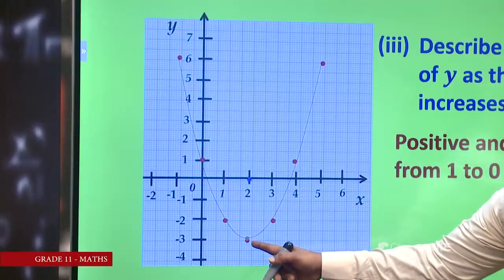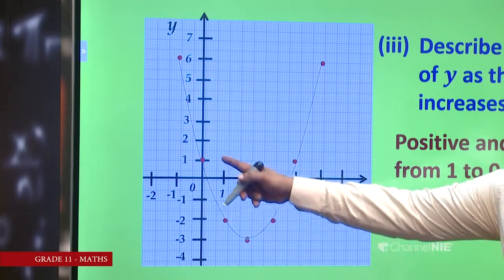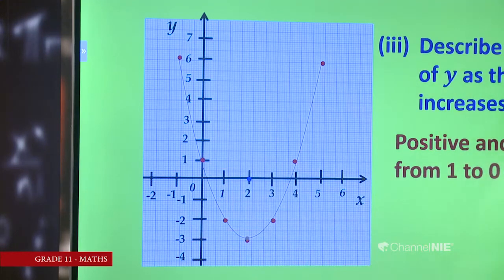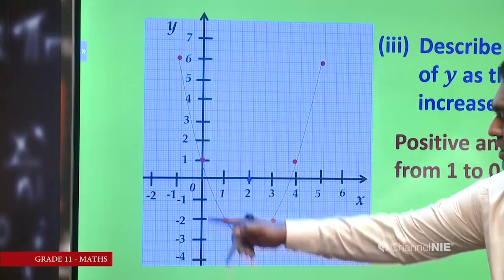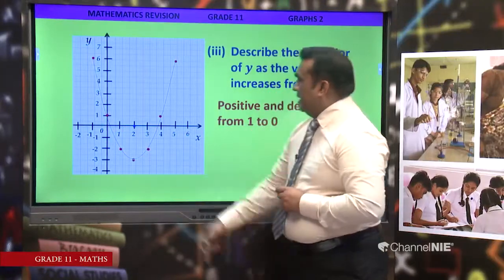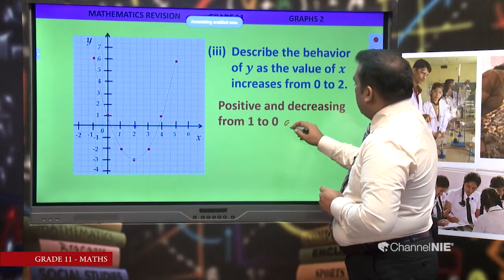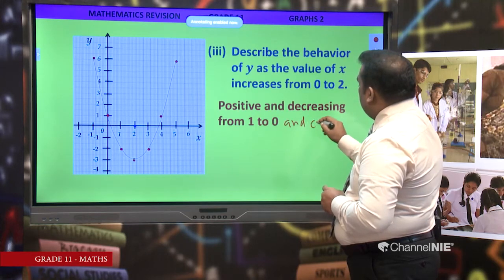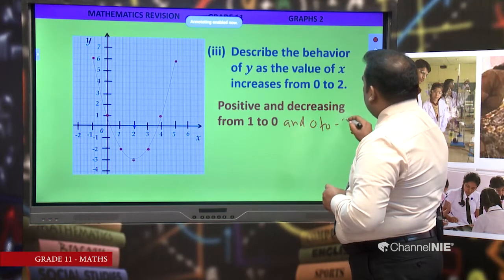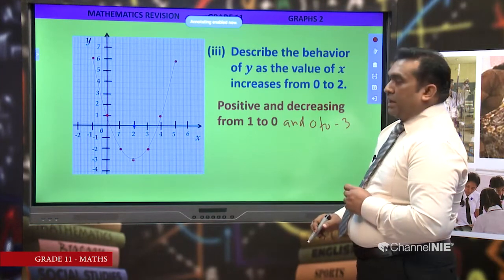This is our lowest point. Therefore, from 1 to 0 and 0 to -3.